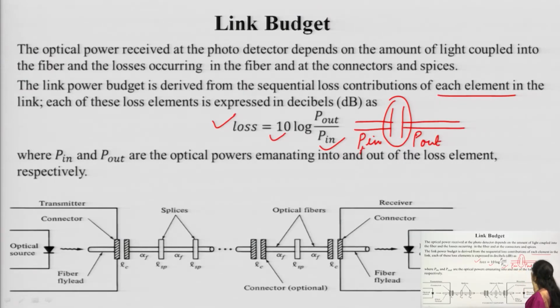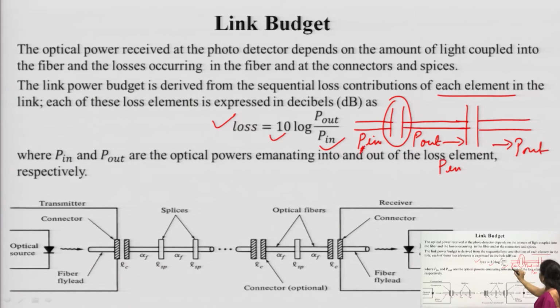So, P1, and if another connector is also added, in that case the P out of the first one becomes the P in for the second connector and its P out. Take this as 1, 1 and this as 2, 2.